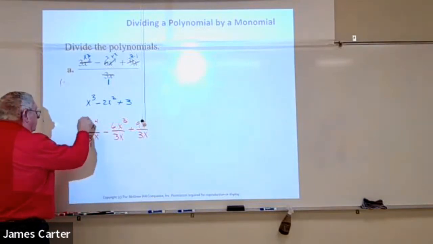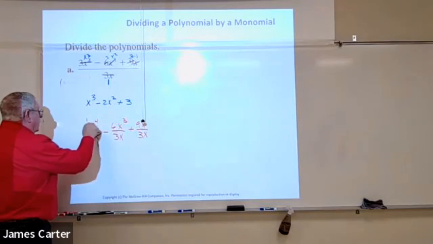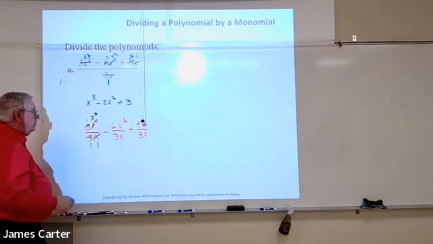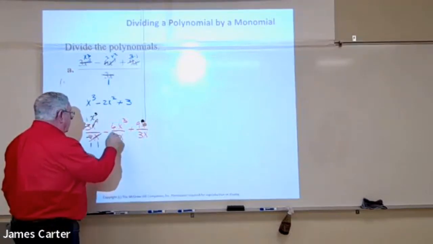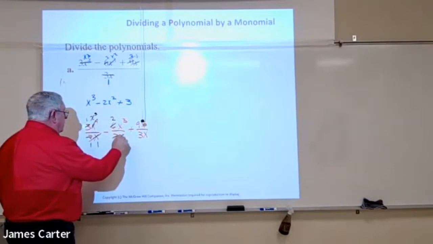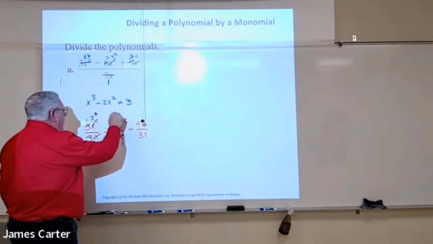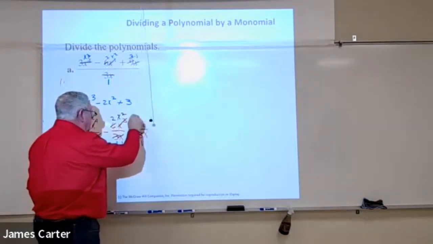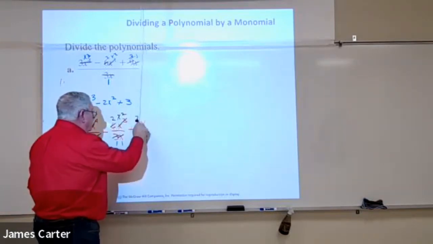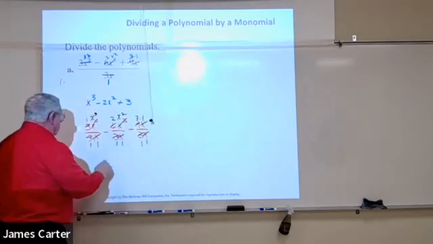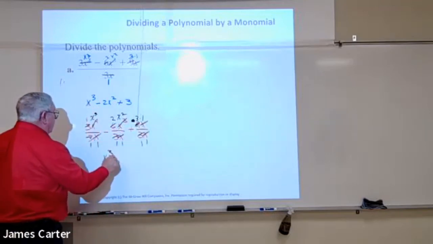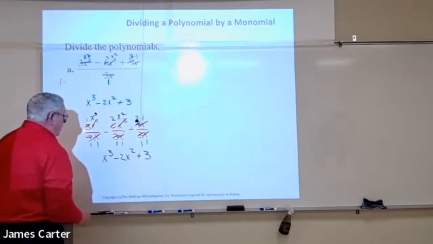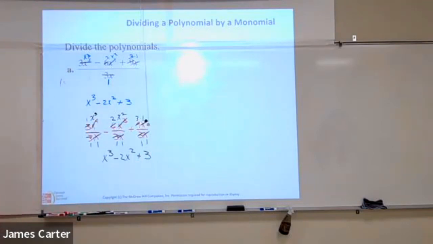The 3's cancel. This x cancels out one of those, leaving x cubed. Here, the 3 and the 6 cancel. This cancels out one of those, so I've got x squared. The 3 cancels that, and this entirely wipes out that, so I still get x cubed minus 2x squared plus 3. Two different ways of doing it.